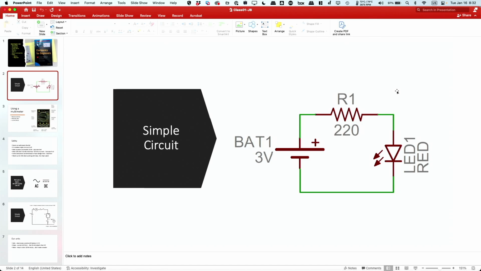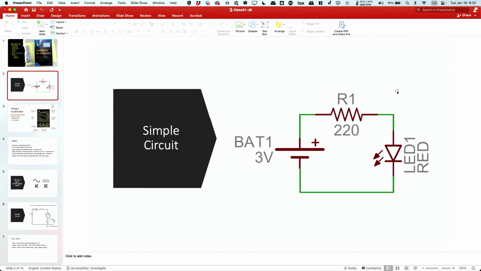Learning about which parts have directional components and which ones don't is part of the purpose of the schematic. You notice, for example, in the battery or the LED symbol, there's information that tells us which direction it's got to go. Whereas with the resistor, it's just a squiggly line. It doesn't matter.